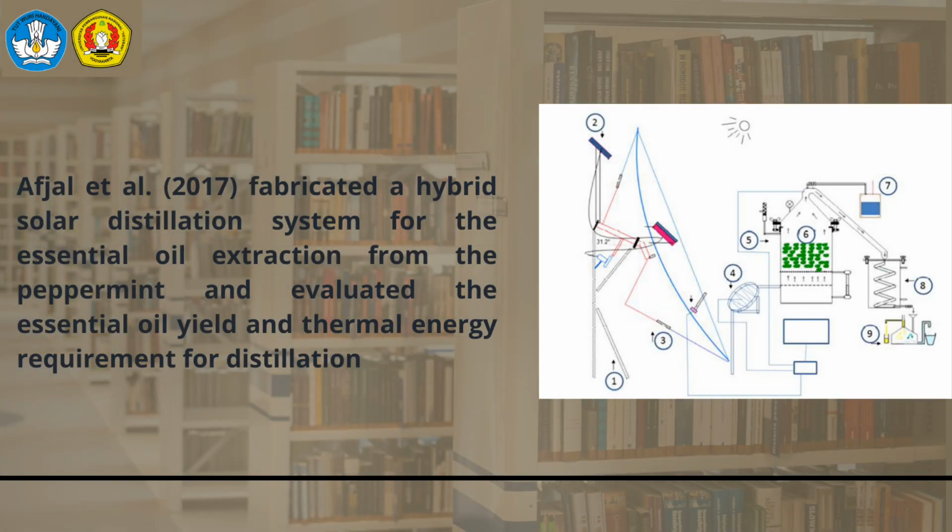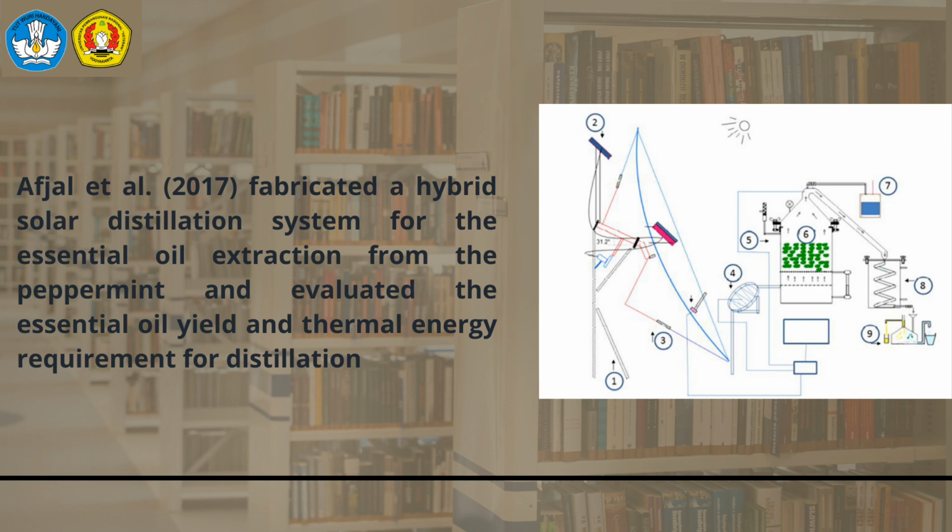Okay, the last, according to Abder 2017, he published a hybrid solar distillation system for essential oil extraction from peppermint and evaluated the essential oil yield and thermal energy requirement for distillation. The distillation system consisted of a solar distillery and a soil condenser.